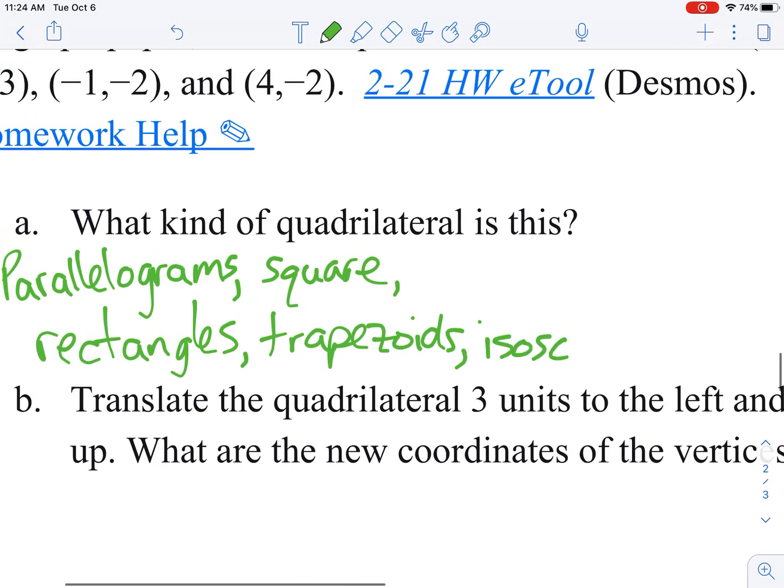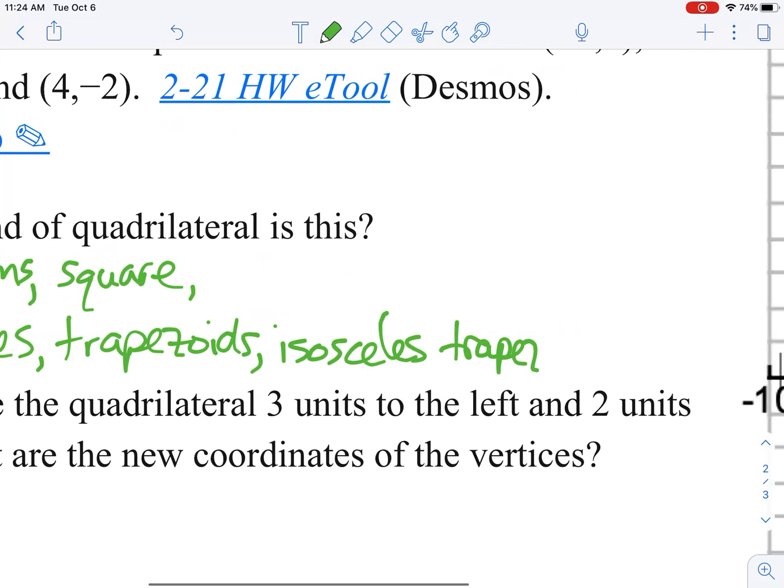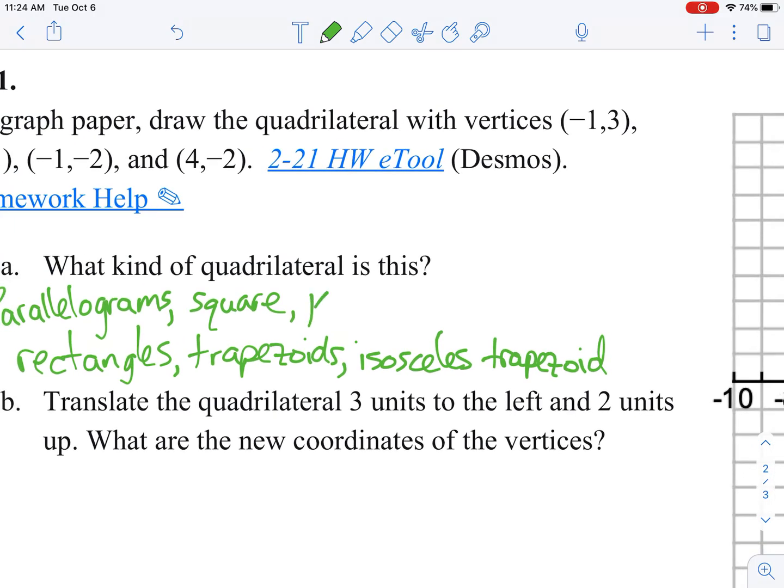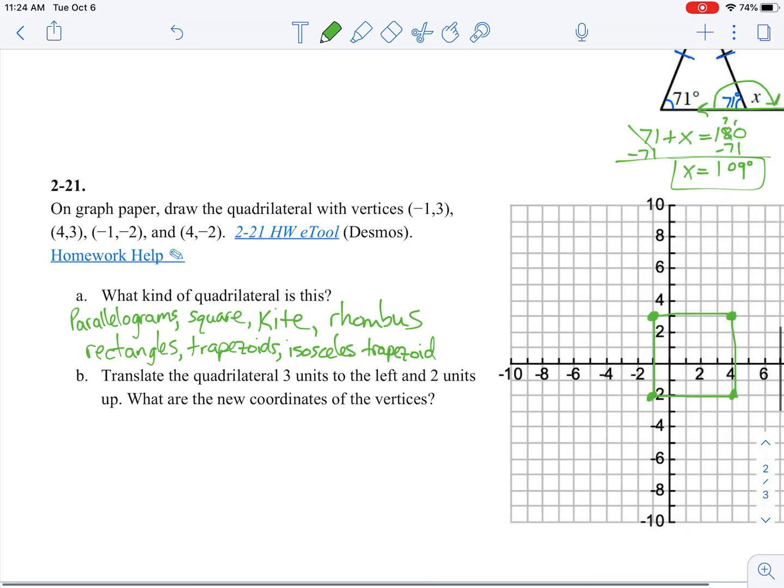Isosceles trapezoids, a kite, and a rhombus. Wow, there's a lot. These are all of the quadrilaterals we've talked about in our so-called shape bucket. And we want to figure out what kind of quadrilateral this is.